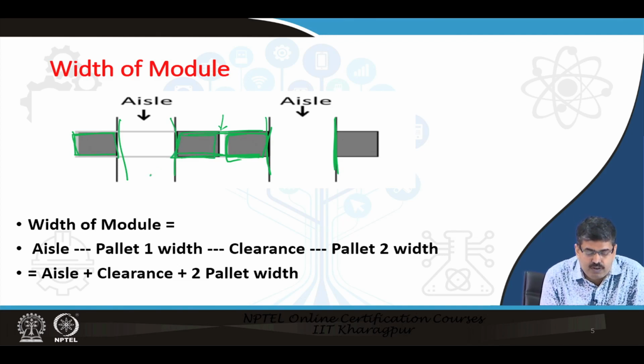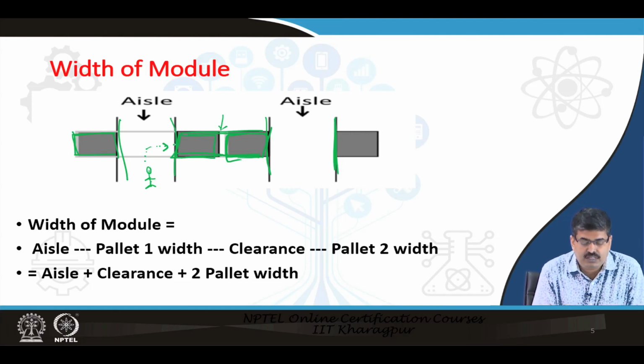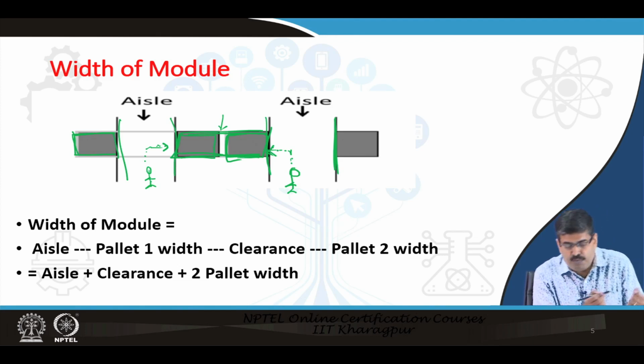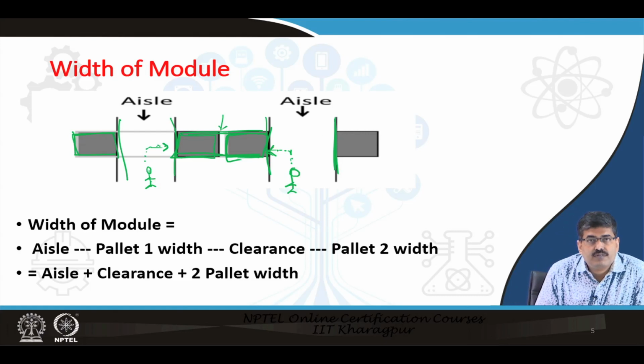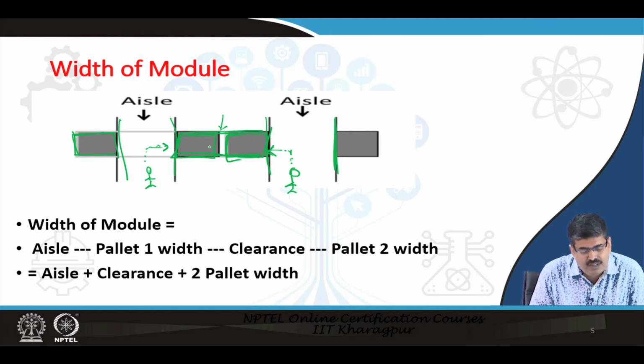So that tomorrow when I require it, a worker can go this way and pull out the carton from this aisle. Similarly, a worker can go this way and pull out the carton from this side. And there is a gap in between, so that there is no friction or damage. Clear, right.